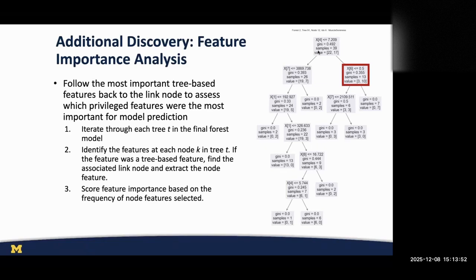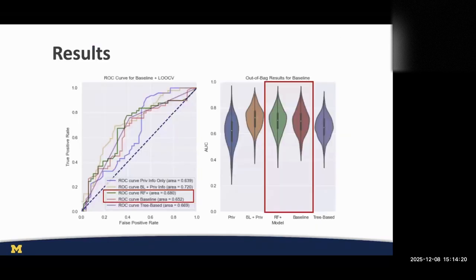So we iterated through every node in the final random forest model, and we saw which of those features were the feature transforms. And if they were, we went back to the original leaf node that it's based off of, and we looked at the feature at that leaf node. And then we scored the feature importance based on the frequency of the node features that ended up being selected.